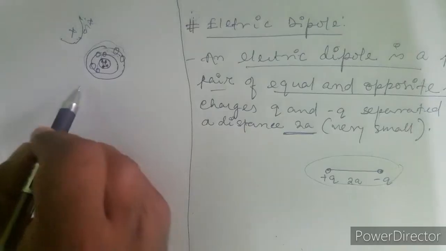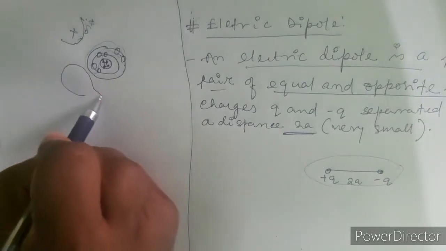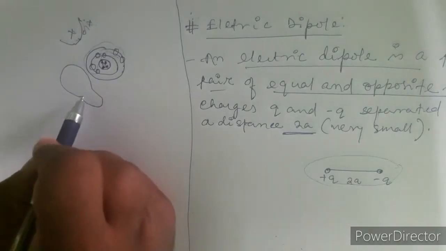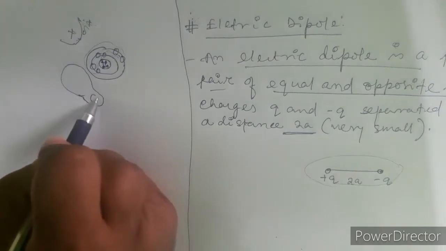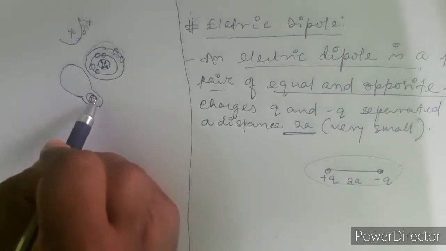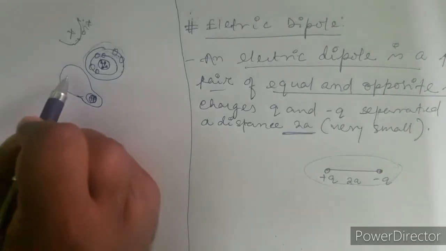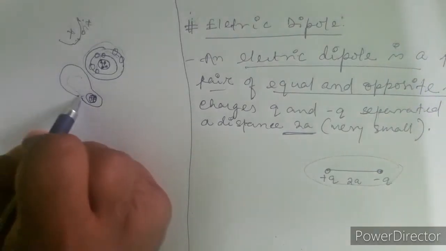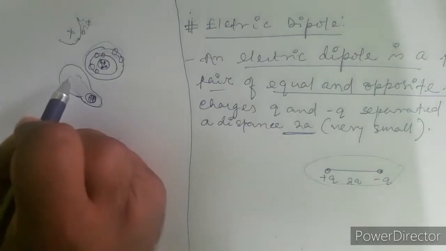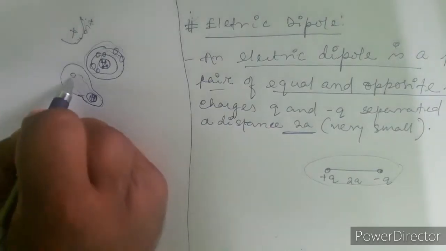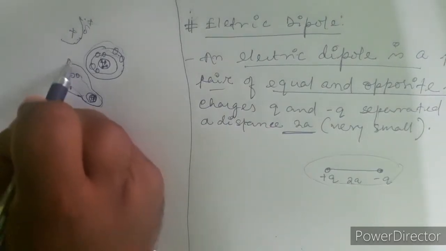So the nucleus, which has positive charge, will be on one side, and all the electrons that were revolving around the nucleus will be on another side.